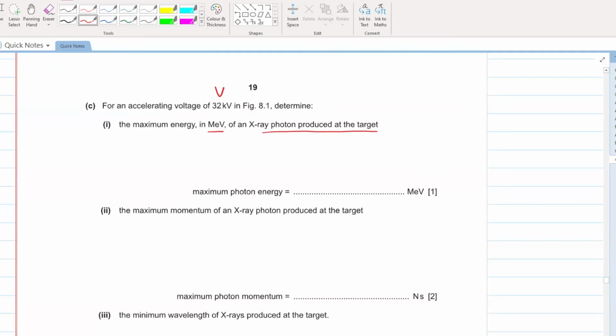For a 32 kilovolt accelerating voltage, you have to calculate the maximum energy in terms of electron volts for an X-ray photon. How will you do this?